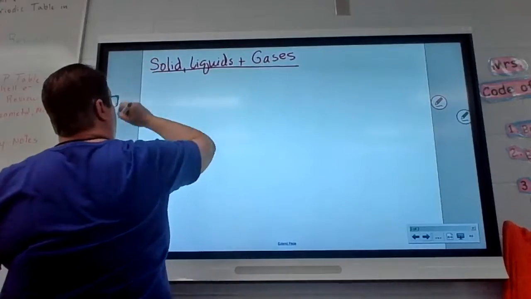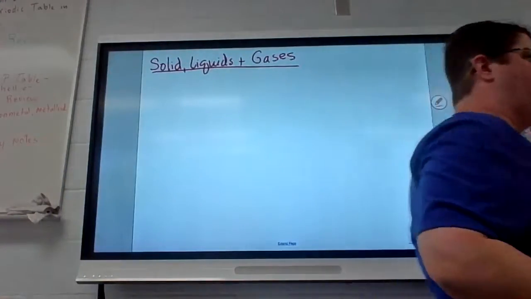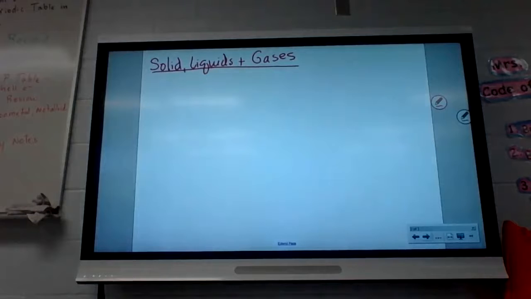Now we're going to combine what we were doing in the last unit with solids and liquids. This topic, and really the next test, if I decide not to go the benchmark route, is sort of a hodgepodge topic of several things.